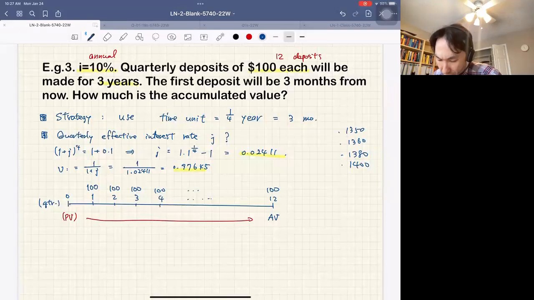At first, my guess: the interest is 10% annual, and we have 12 deposits over 3 years. So those 12 deposits, on average, are in the account for 1.5 years. So I would say probably 15% interest is added.